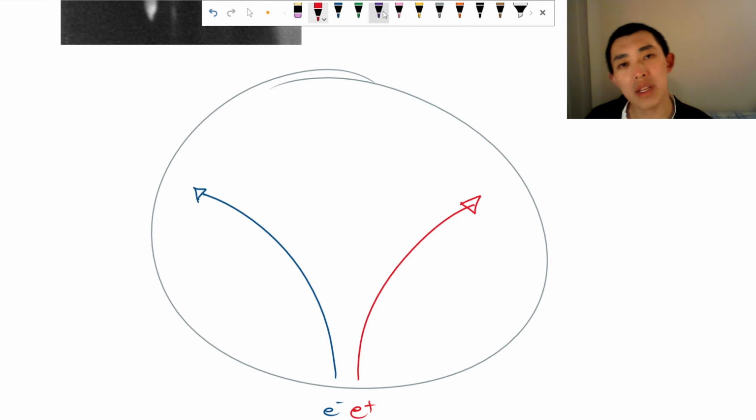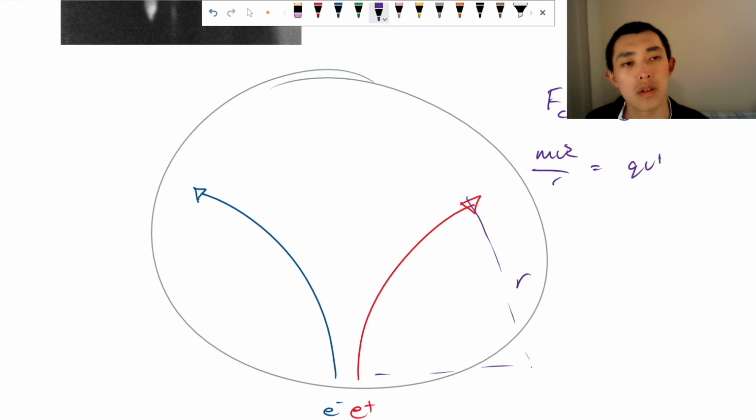And so what they saw was that it looked exactly the same, but just in the opposite direction. The really important thing to note here is that the radius of curvature is the same. Why is that important? Well, that indicates that these things have the same charge. Remember that Fc is equal to Fb. So therefore, we can create q/m is equal to v/(BR).